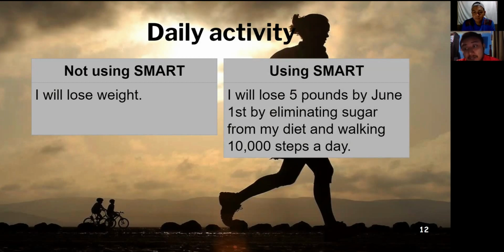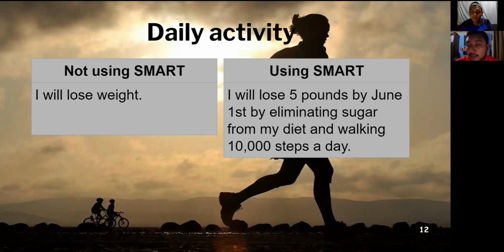We are being realistic because we know that we are maybe not doctors or nutritionists that know all this kind of knowledge, but we want to lose 5 pounds by June 1st, and we set a time, so that's time-bound. Yeah, you're not saying that you're gonna lose 50 pounds in 1 minute. Exactly, and that's pretty much how we can assess that we are achieving and being realistic about our objective.